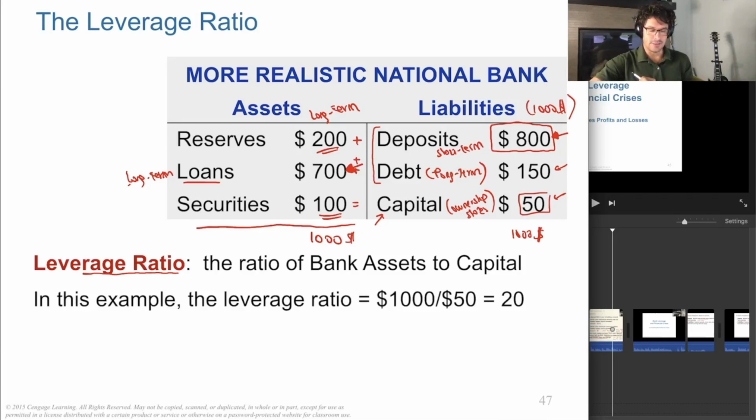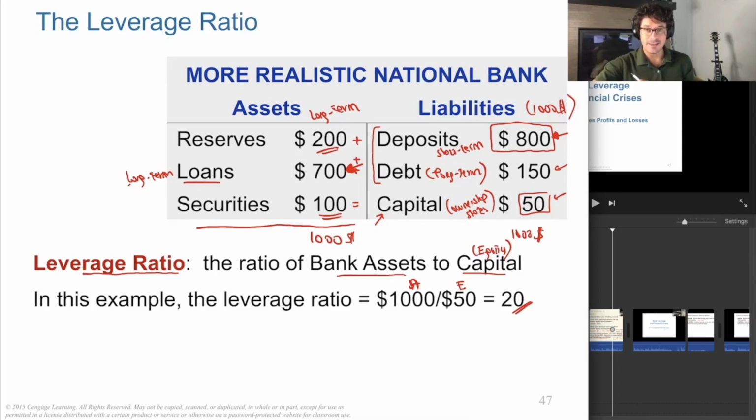So in this example, the leverage ratio, which is the ratio between the bank assets and bank capital, is equal to 1,000, the assets, over 50, the equity, which is equal to 20.